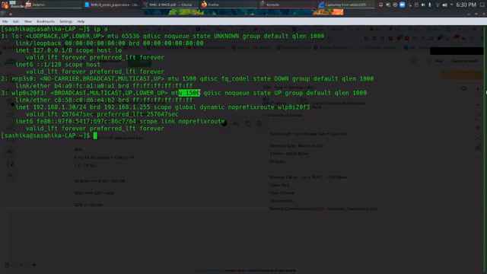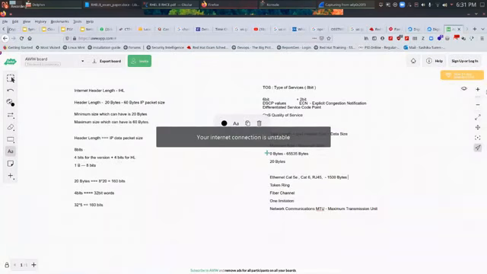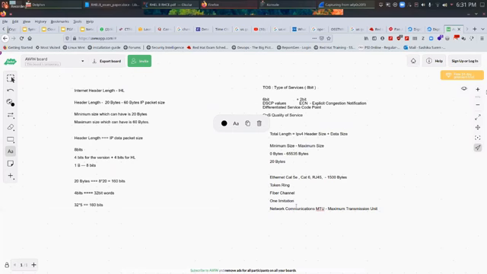The wireless adapter also supports 1500. It is guaranteed that if I'm trying to send any data more than 1500, it will be fragmented before sending. Clear, guys? Yes, sir. Right. So that is called the MTU value.